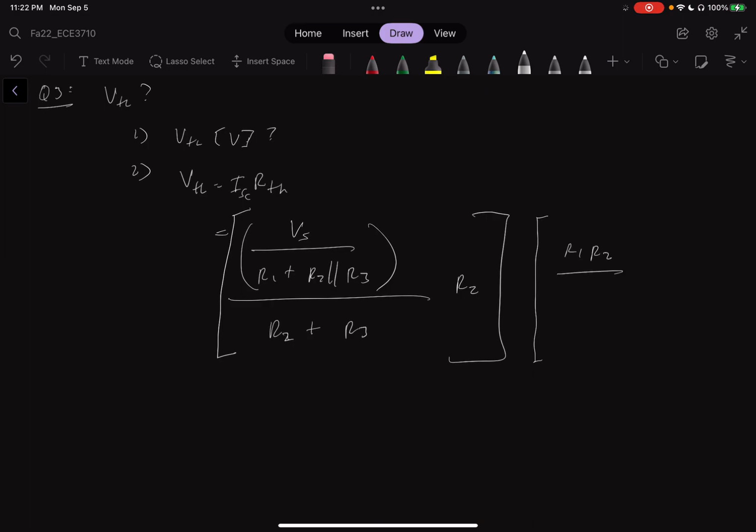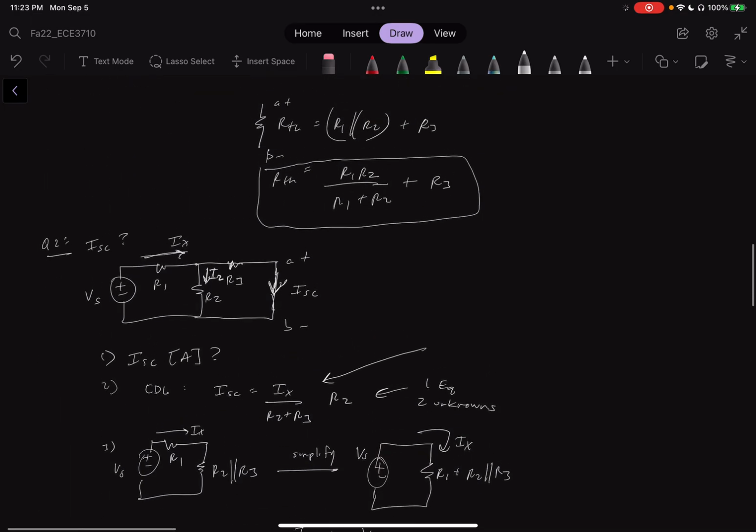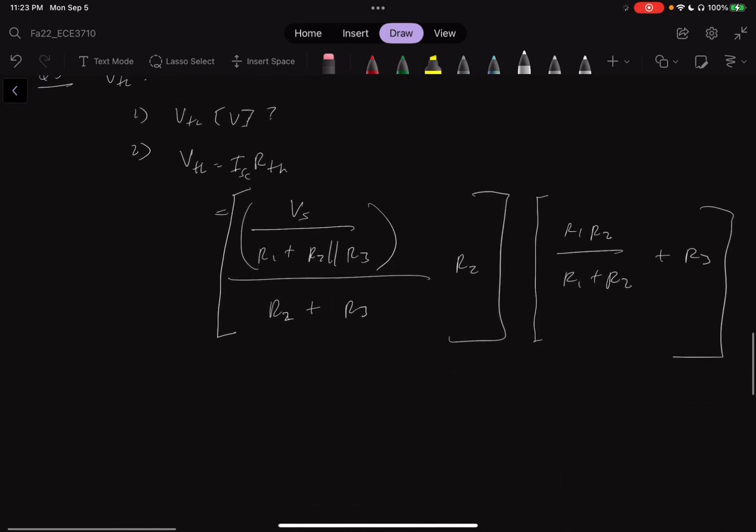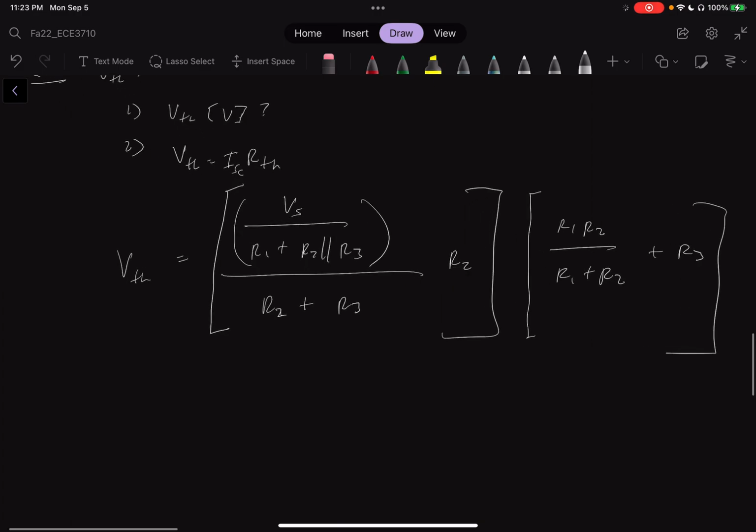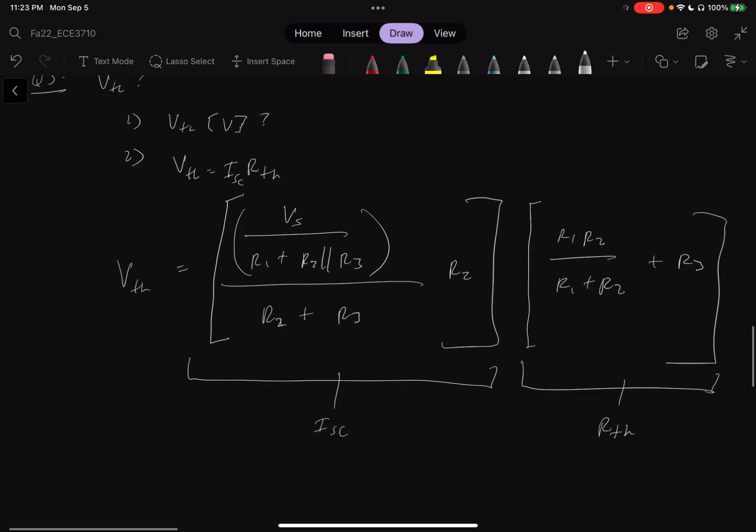R1 times R2 divided by R1 plus R2, all of that plus R3. This whole thing is equal to Vthevenin. Because this is ISC and this is R Thevenin. See?